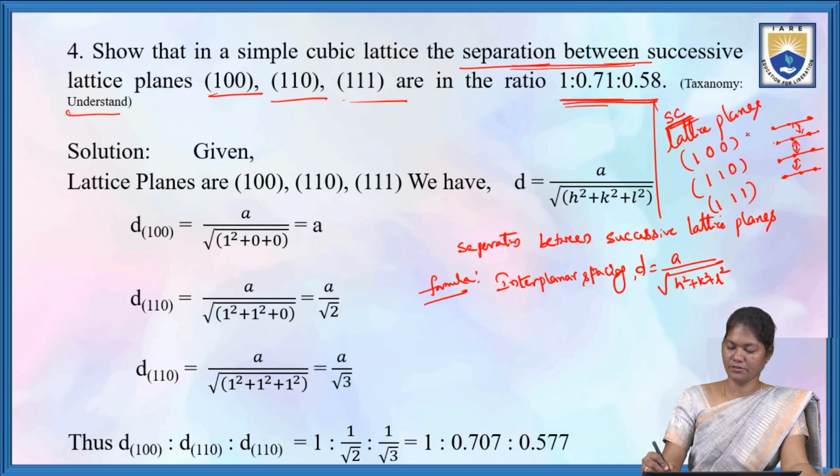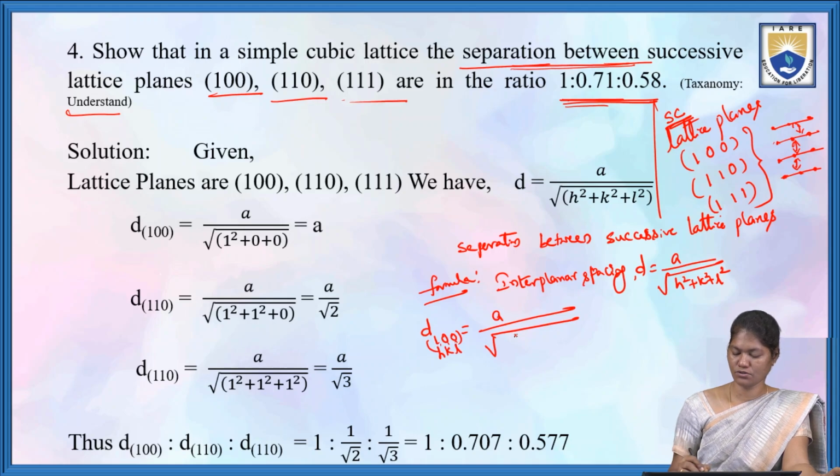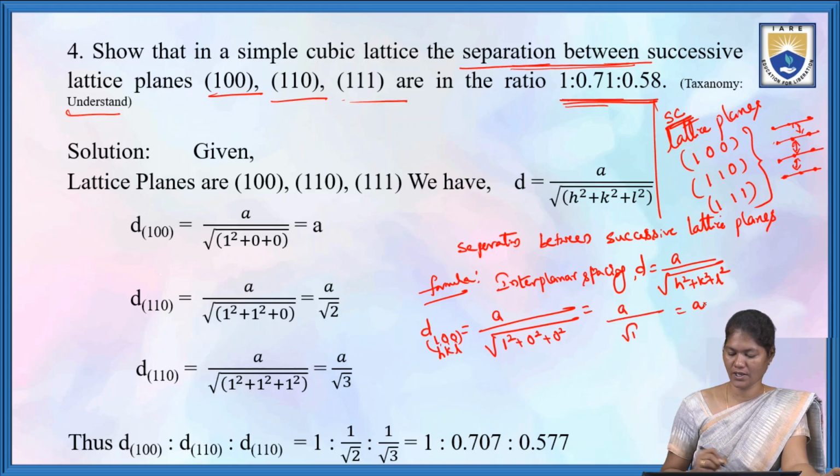We need to calculate for these three lattice planes. Take the first plane. The interplanar spacing of the 100 plane is A by root of 1 square plus 0 square plus 0 square, which is A by root 1, equal to A.